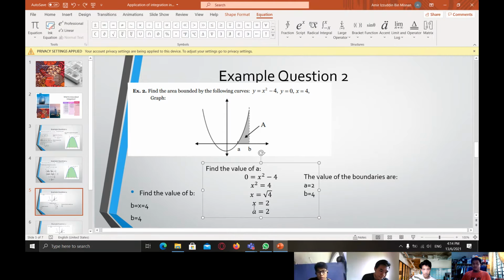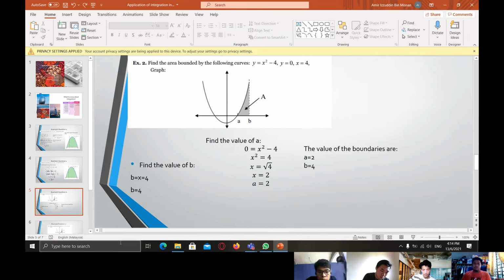So we get x equals 2. That is how we got boundary A equal to 2. Now for boundary B, we have seen that x equals 4, and A is 2. So we can directly take B as x equals 4. So boundary B equals 4.